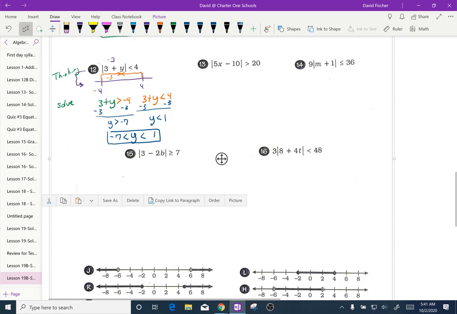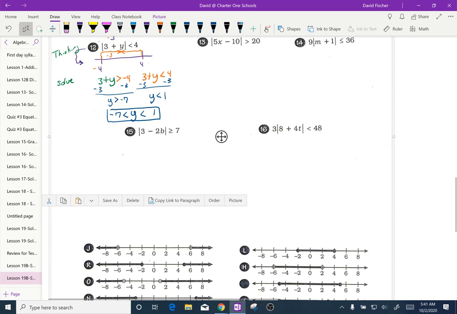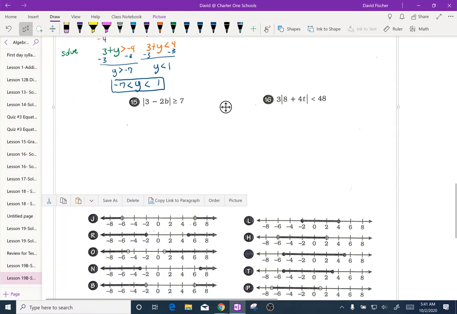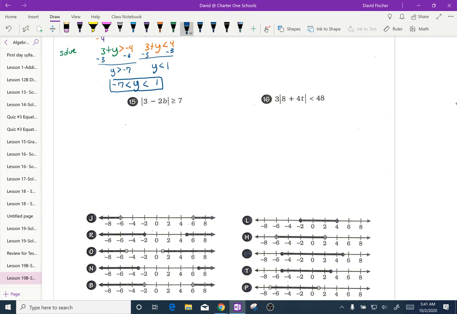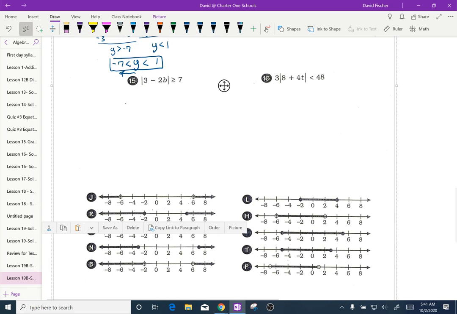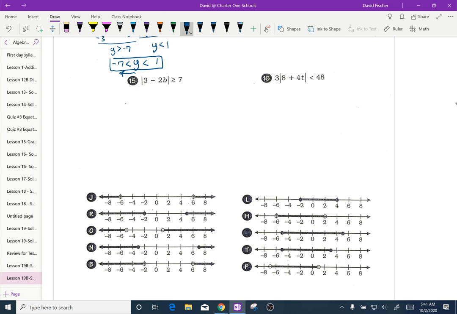When I come down to my graph, I'm looking for an and statement, so I want to look over here on this right-hand side. And I have to kind of read it backwards, where y is all numbers greater than, so I'm looking this way. Y is greater than -7. And I'm looking at P here. That would be a -7. Greater than -7 would be this way.